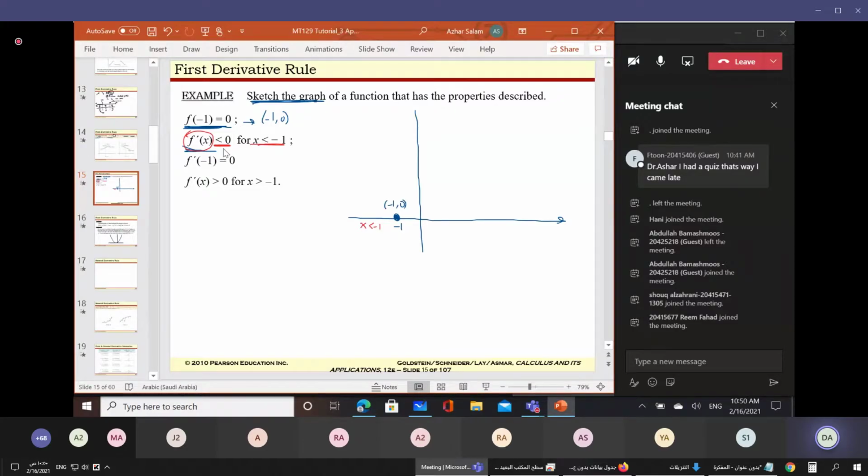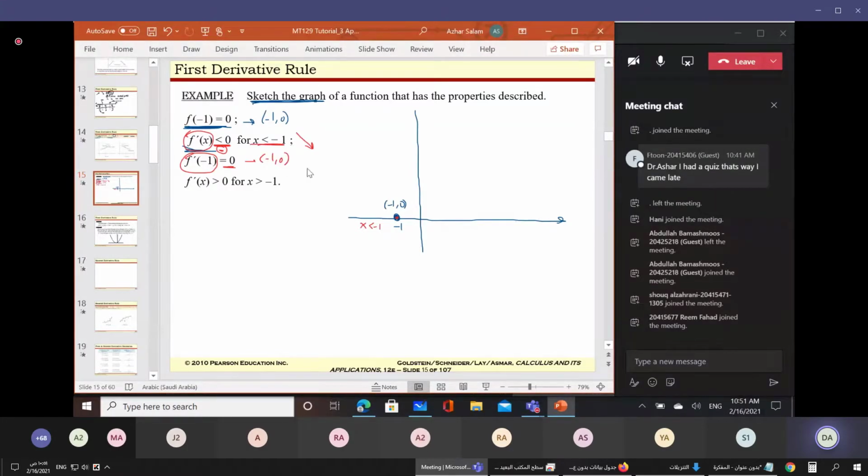Less than 0 means it has a negative sign. When the derivative is negative, the function will be decreasing. Decreasing means it's going down. Also here I have that f dash of -1 equals 0. So -1 here is a critical point.